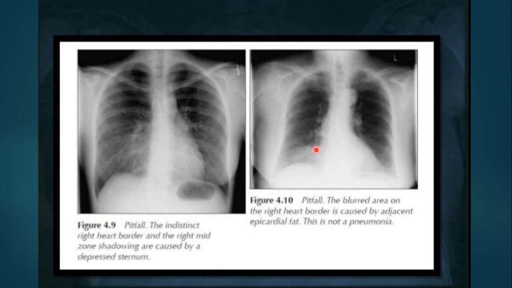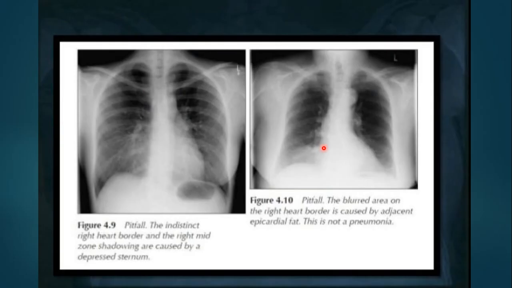Again, the borders here, some say it's a well-defined border, but in cases of consolidation, the transverse fissure will also be a well-defined border. So I don't think this is something that can help us to differentiate.